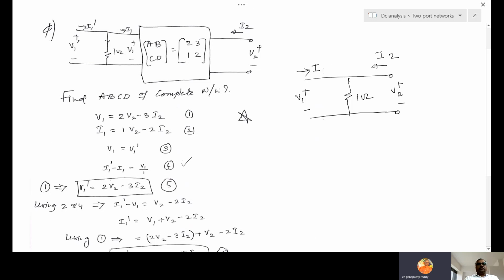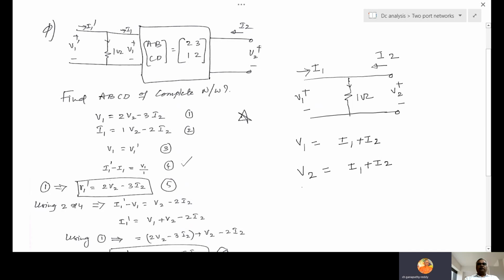For this network find ABCD. How to find ABCD? V1 is equal to, what is the current here? I1 plus I2, so (I1 plus I2) into 1, simply I1 plus I2. Second equation, V2 is equal to again I1 plus I2.